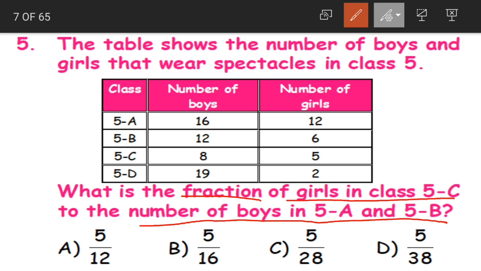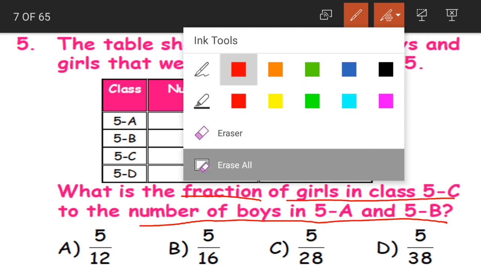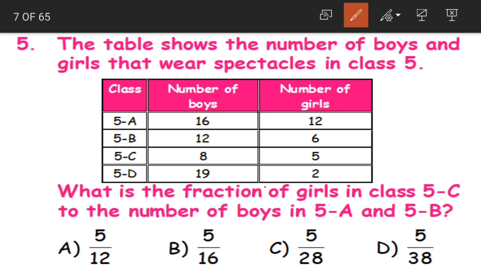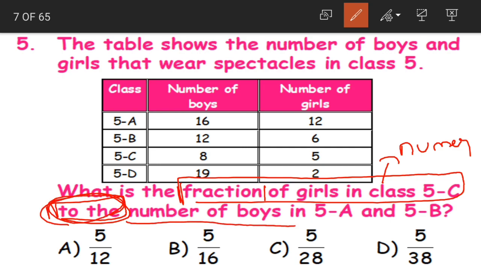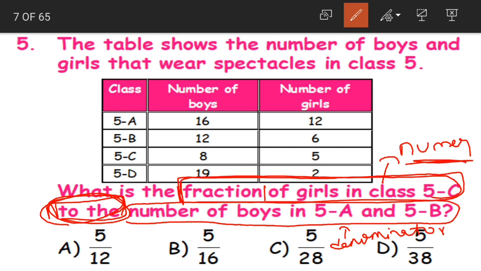Now when such a question is given, what you have to understand is the first part of the question, that is the fraction of girls in 5C, will be our numerator. Then the sentence that comes after this, that is the number of boys in 5A and 5B, will be our denominator, children.